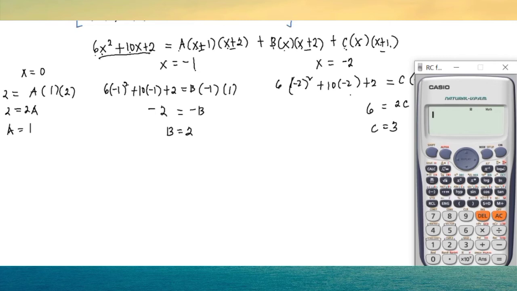So usually ginagawa natin dito ay 6. So halimbawa sasabihin natin negative 1. So we have negative 1 squared plus 10 times negative 1 plus 2.